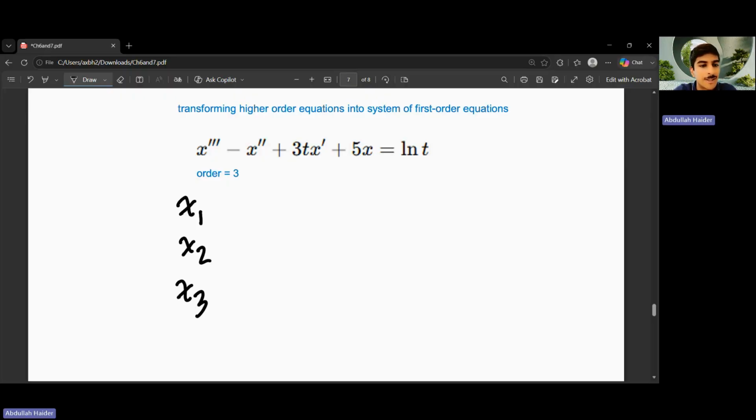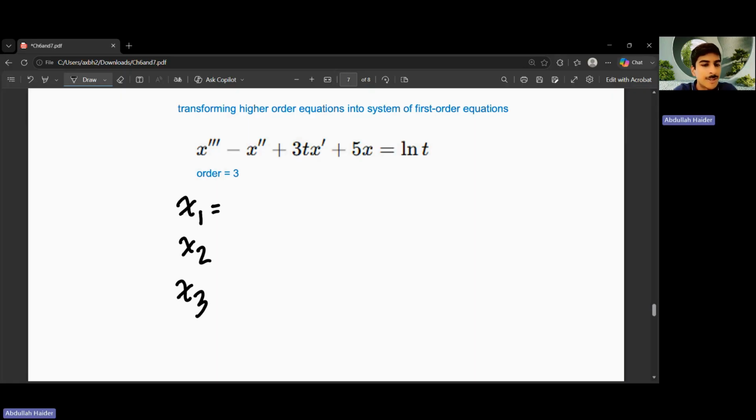You need to know your x1, x2, x3. Why? Because the order is 3. Let's say the highest order was 2, it means I would have to do x1 and x2. If the order was 1, then I only have to do x1. But for the purpose of this question, the highest order is 3, which means always and always finding x1, x2, x3. You need 3 new variables.